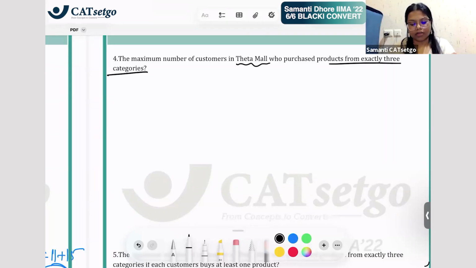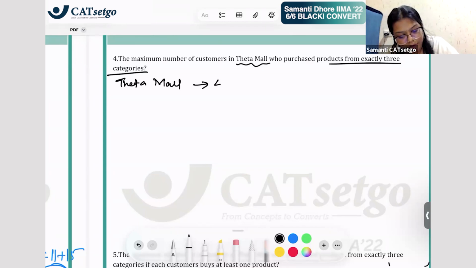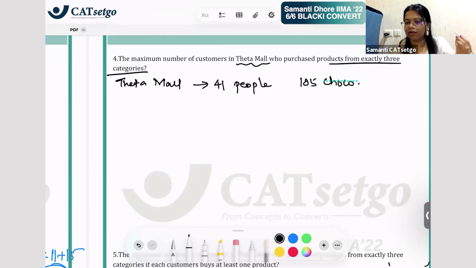How many customers are there in Theta Mall? Let me go to my data. 41. So in Theta Mall you have 41 people and 105 chocolates, 105 products.